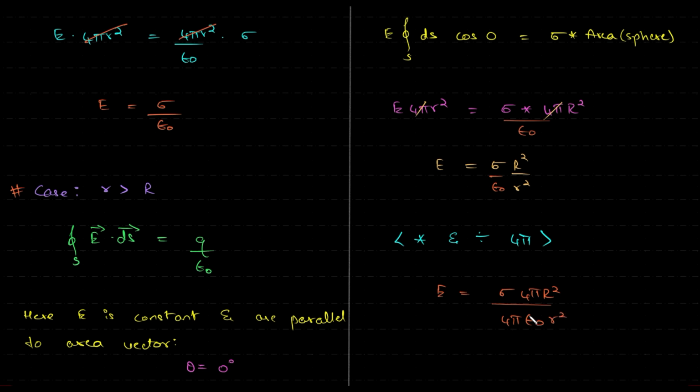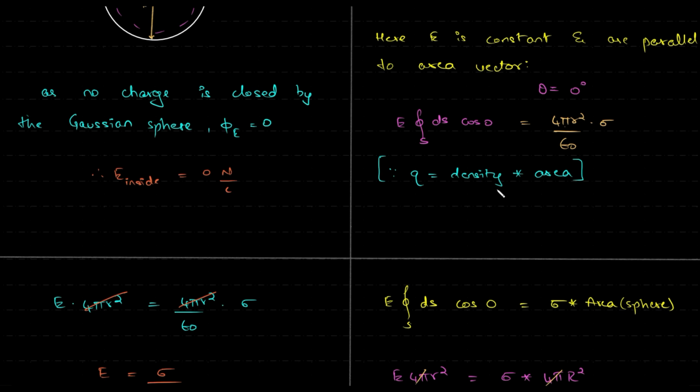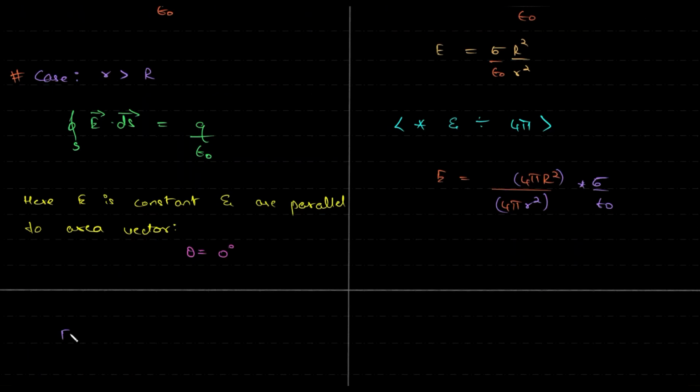In the numerator, what does it lead to? It is nothing but the area of the sphere into density. What does it give? Total charge. That is what we wrote over here, is it not? So in the numerator you have Q, and in the denominator it is 4 pi epsilon naught r square. How does this look? We have seen this somewhere, is it not?